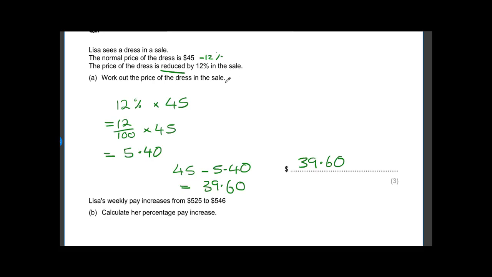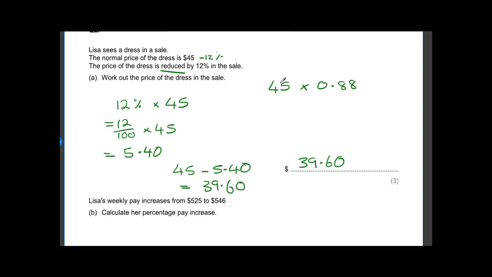So your answer is going to be $39.6. Another way to do it, well, if you've gone down 12%, that means you have 88% left. So you're going to do 45 times 0.88.